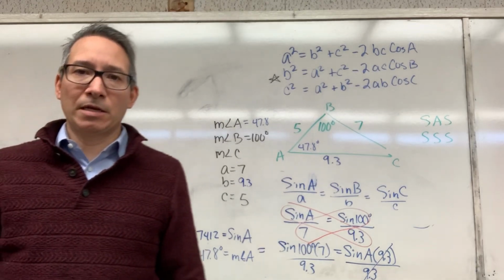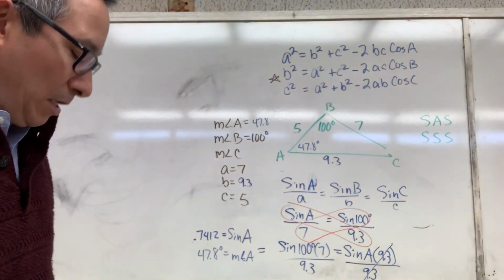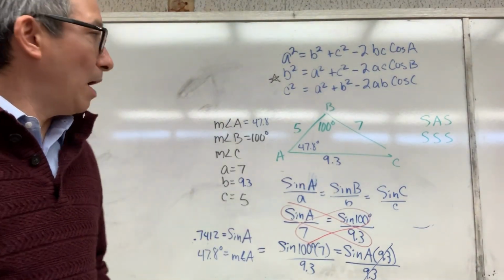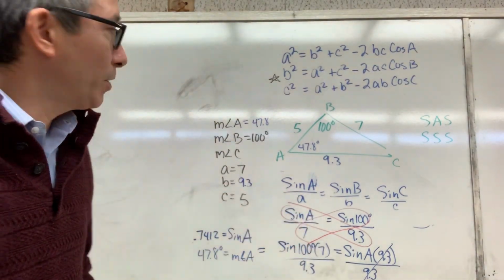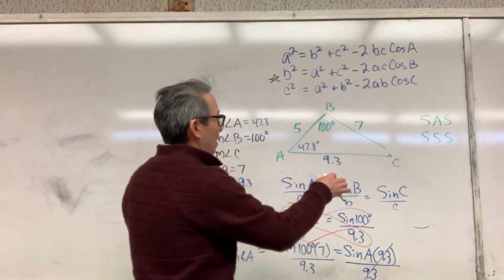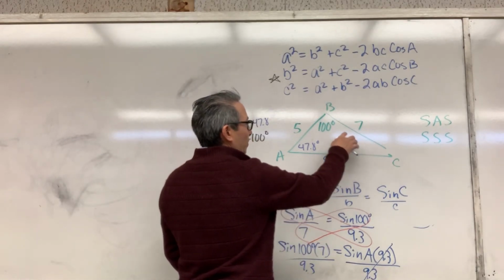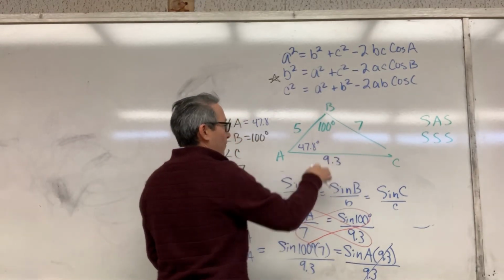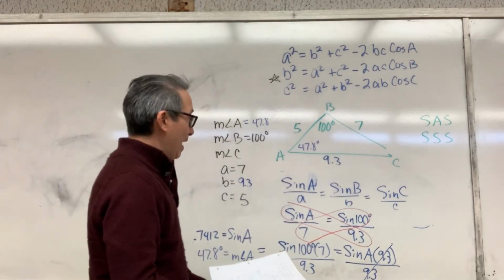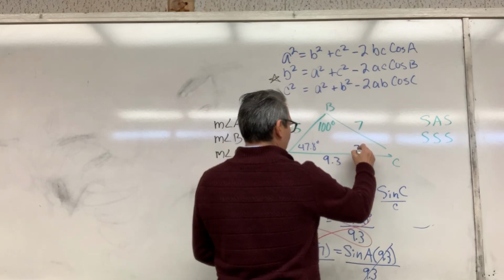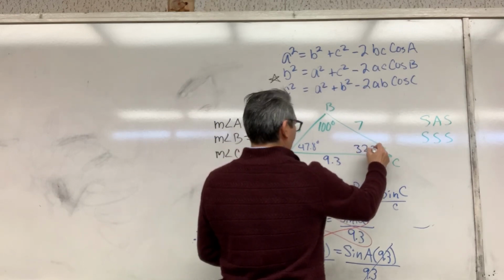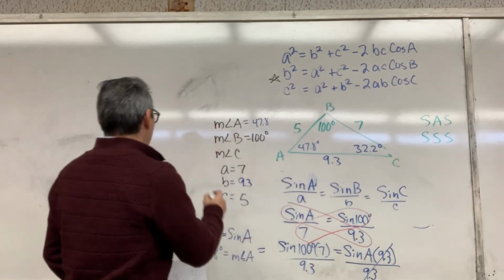Well, you might be asking, how do we solve for angle C? Well, the easiest way would be to use the summation that all three angles equal 180 degrees. So you can take 180 degrees, subtract 100, subtract 47.8. And if you do the subtraction, you find out that the measure of angle C is 32.2 degrees. Okay? And you can show that over here.